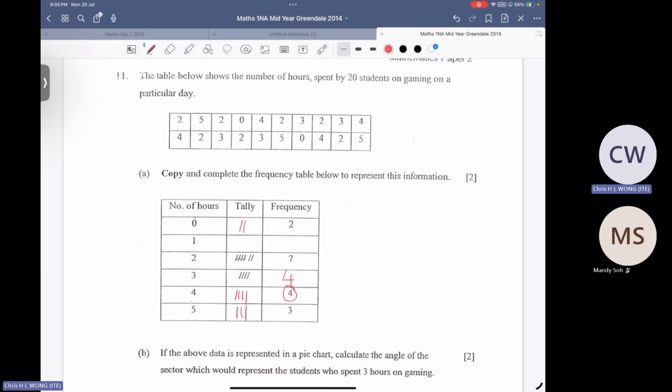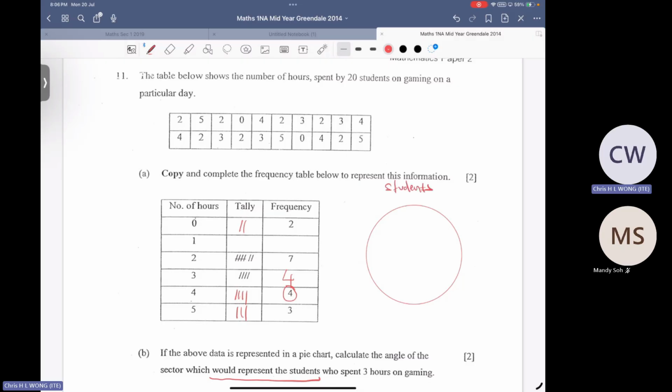They want it in a pie chart. Now they ask you to calculate the angle for the student. You tell yourself, you're going to draw a pie chart to represent students.